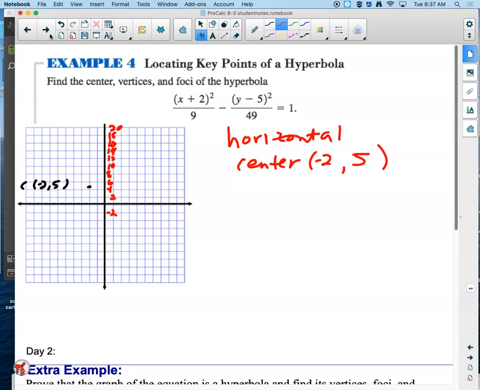Alrighty, so what's a? Not a squared, what's a? I know you can go to that right away for me. Plus or minus 3. And since this is horizontal, we need to go from our center 3 units right and left.